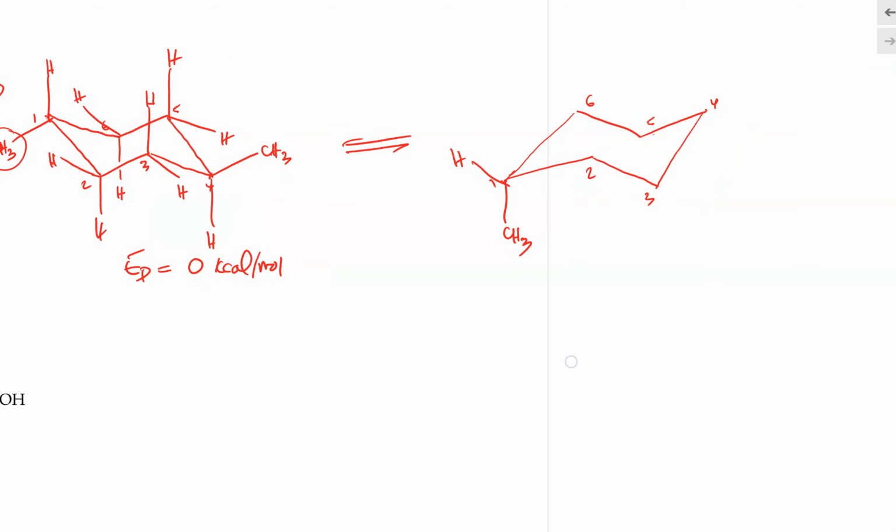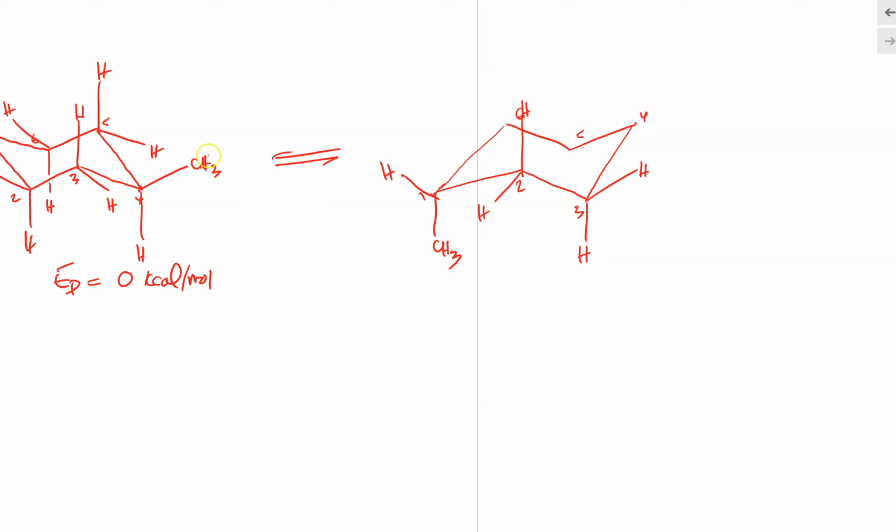For the hydrogens, there's nothing, so let's draw them out. On carbon 3, let's also draw them out as well. And on carbon 4, we have this methyl group, and right now this is equatorial and pointing up, so this will become axial and point up. And here it is, the other groups.